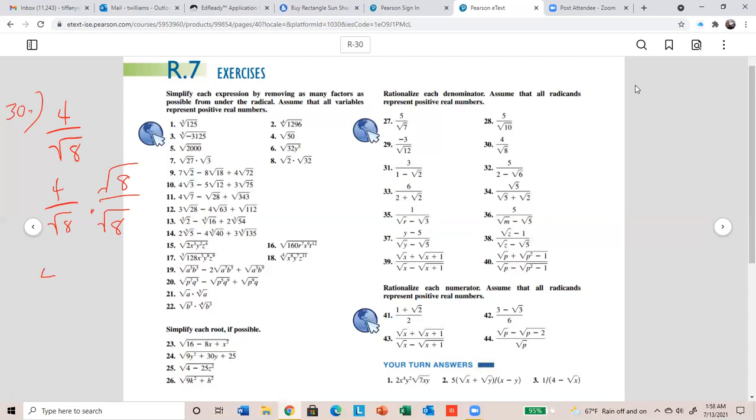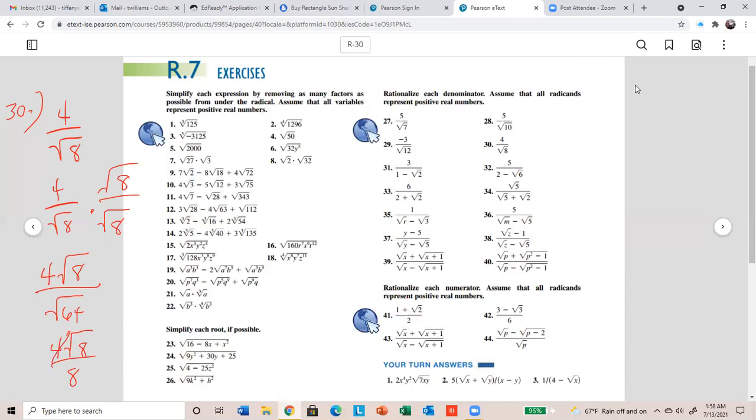So on top, I get 4 times the square root of 8, and on the bottom, I now have the square root of 64. Now, the nice thing about the square root of 64 is that it is 8. And because there's no addition or subtraction in this problem, it's really straightforward, really nice.